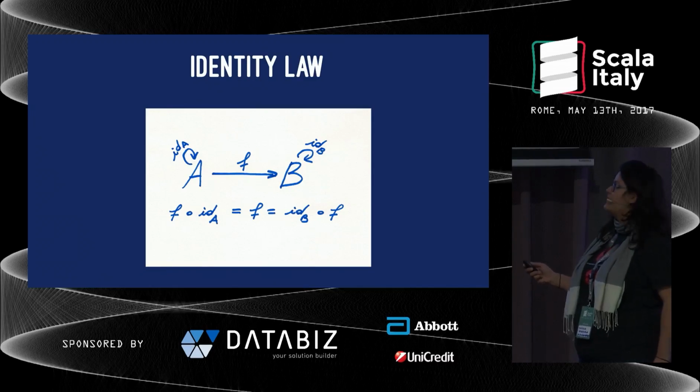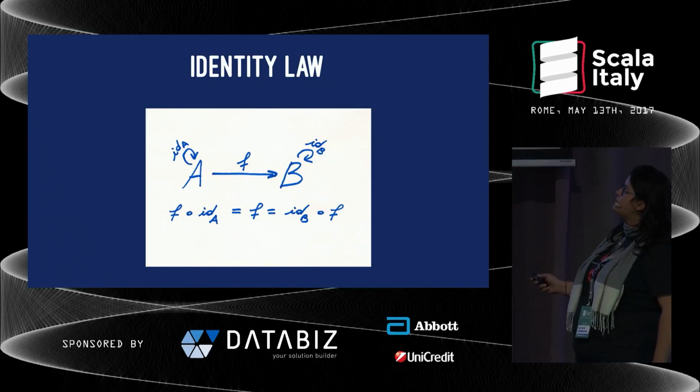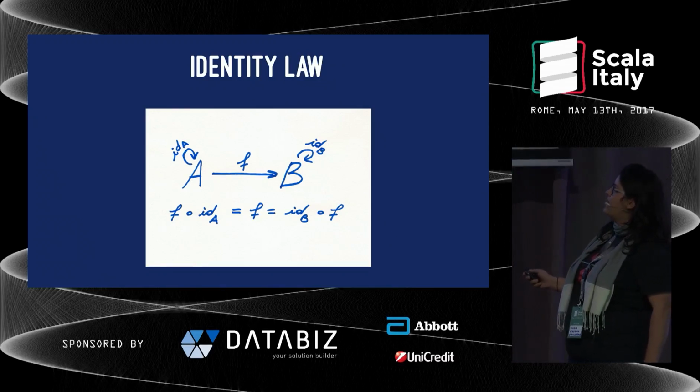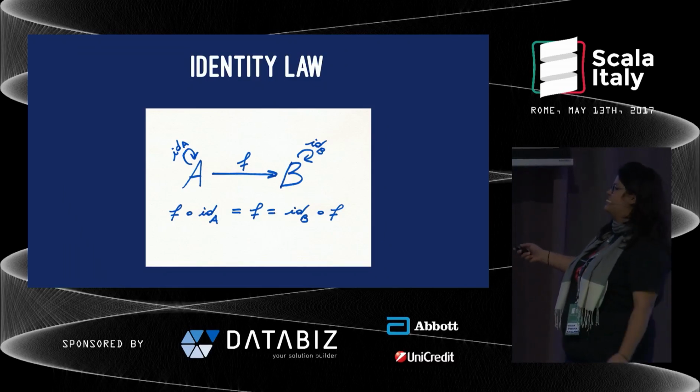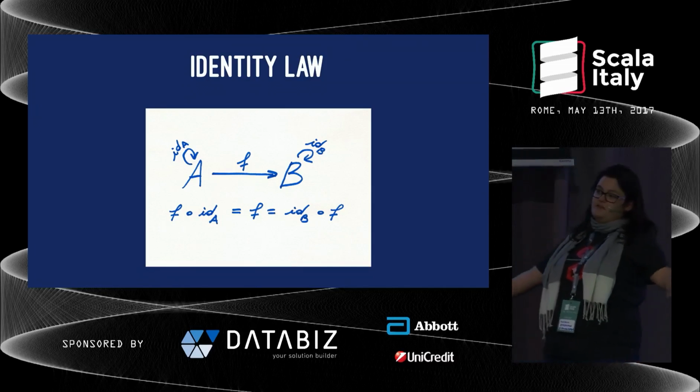I just stay where I am, and then take F. And so F after ID of A is the same as F. But the opposite is also true. If I take F and I go to B, and then I take the identity of B, so I don't go anywhere, I still end up in B, right? It makes sense. It's just a lot of weird stuff to say that ID does nothing.